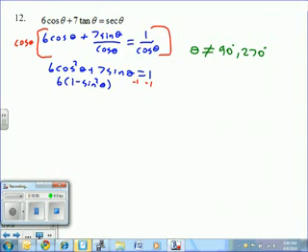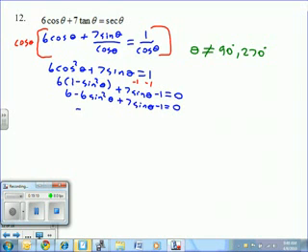Okay? Distribute. Put my like terms together. And then since I'm factoring, I would multiply everything by -1, so my first term would be positive.